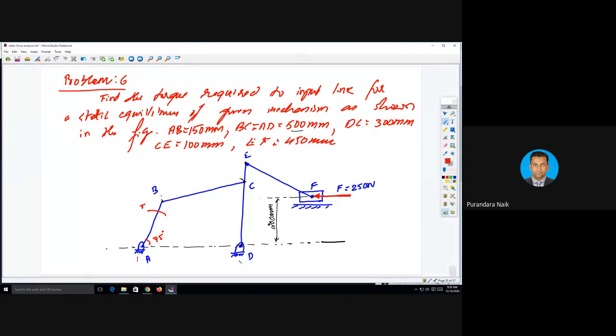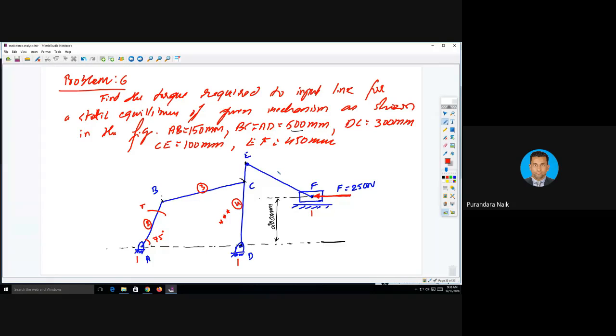All fixed links are considered as a single link, number 1. 2 is the crank, 3 is the connecting rod, 4 is a link C to D, okay? A single link, C to D. You cannot mark CE as a separate link, okay? Please remember it is a single link. DE is a single link. Please remember it is the fourth link. Link number 4. This is very, very important for the star mark.